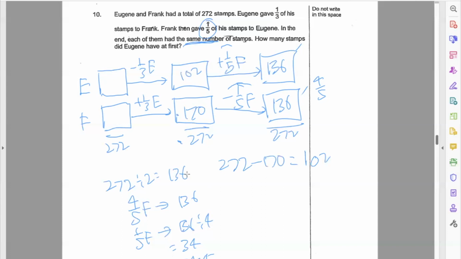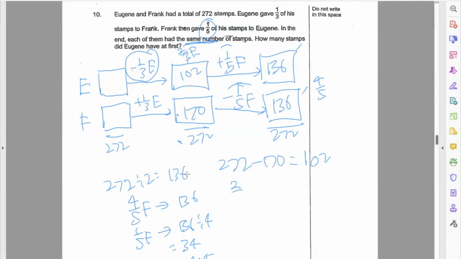Now let's continue to find what is at first. As I was mentioning earlier, we always begin with the person that has a negative, minus 1/3. So if I minus 1/3 of Eugene, this must be 2/3 of what is left. If you minus 1/3, you're left with 2/3.